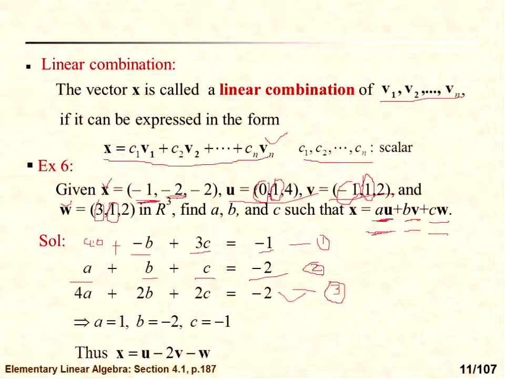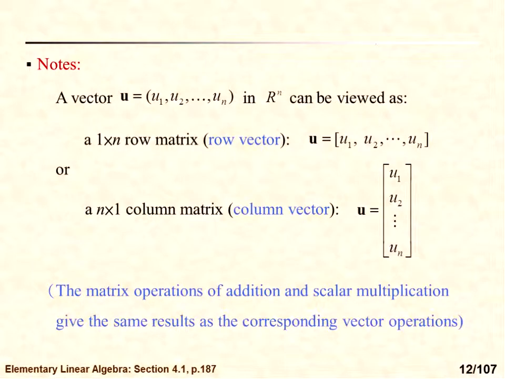Either solve equation number 1 and 2, and equation number 2 and 3, and then find the values of a and c. Or you can draw a matrix and convert the matrix into a triangular form, and you can find the values of a, b, c. Any method you choose is right. So you have to find the values of a, b, and c.